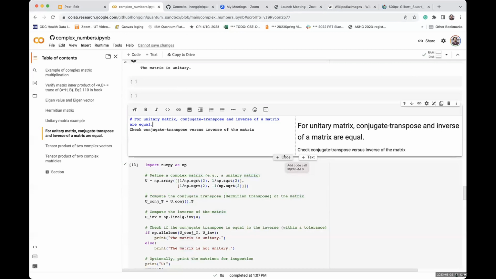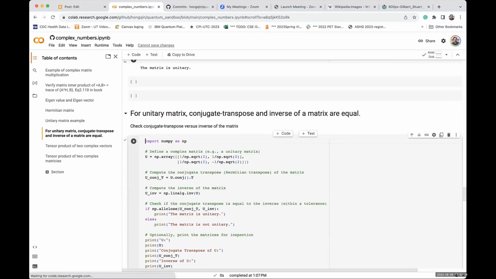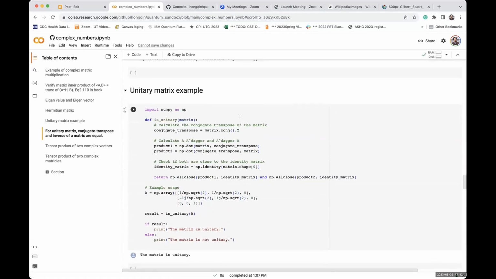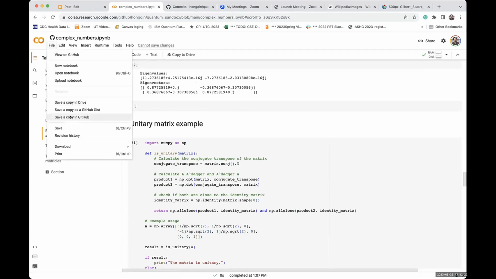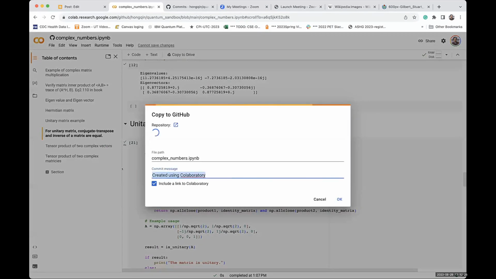Yes, that's right. Unitary matrices are always invertible. Okay, this makes sense now. This is supposed to be a simple Python exercise, but it does actually clarify some mathematical concepts. Okay, thanks everyone.